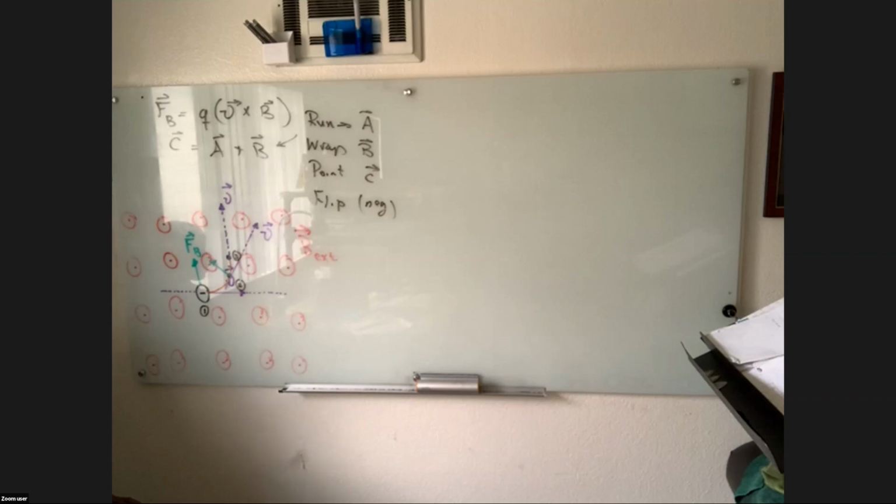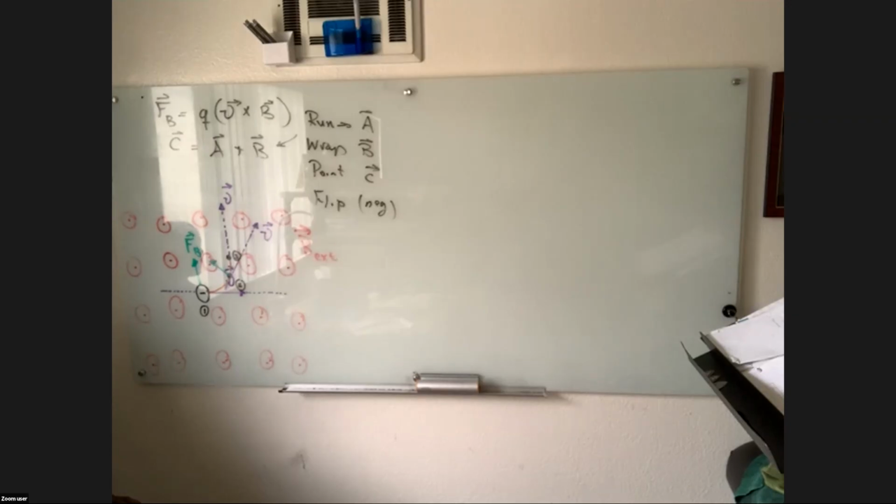The first finger points in the direction of the velocity of the particle. The second finger, the middle finger, points in the direction of the field. Thumb will then point in the direction of the force on that particle. Does that make sense? Yes. That's it.